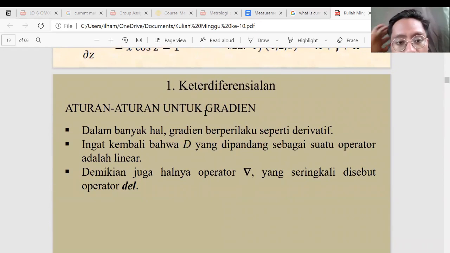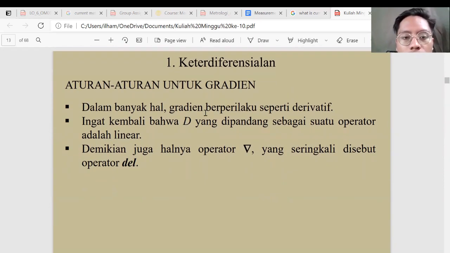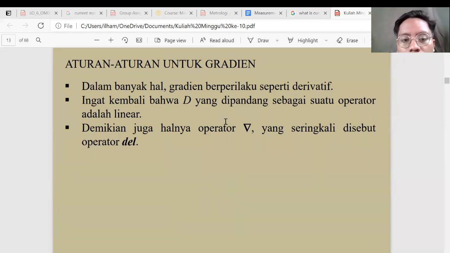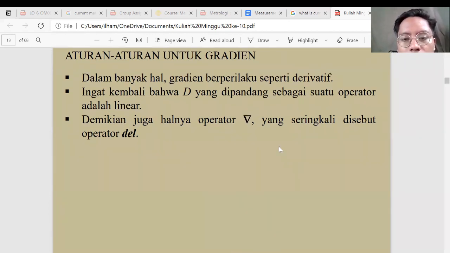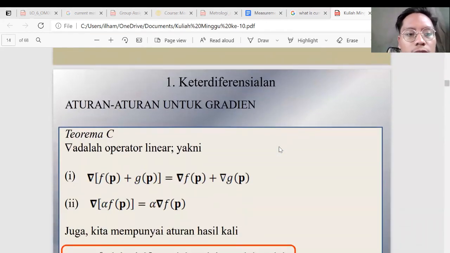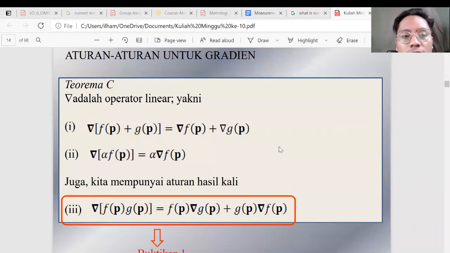And there are also the rules of the gradient. There are three rules. The gradient has the same rules as the derivative. We need to remember that D is a linear operator, and so is the operator delta, which we call the operator del. The last one, theorem C, says it is a linear operator: ∇(f plus g)(p) equals ∇f(p) plus ∇g(p).